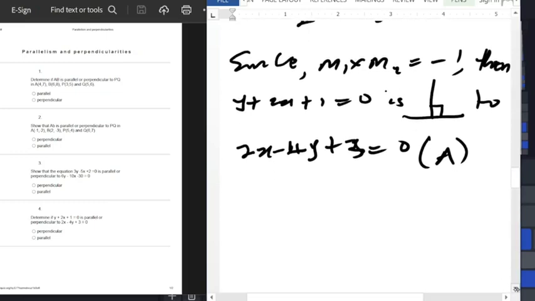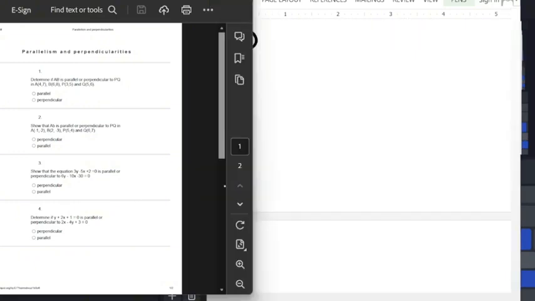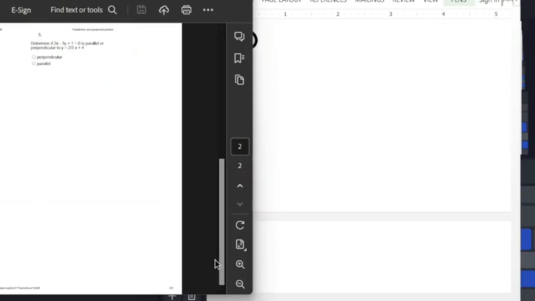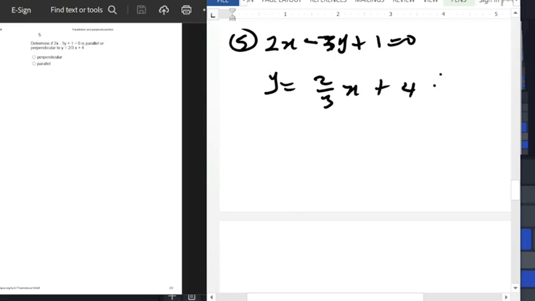Then number 5, question 5. Question 5 says, determine if 2x minus 3y plus 1 equals 0 is parallel or perpendicular to y equals 2 over 3x plus 4.